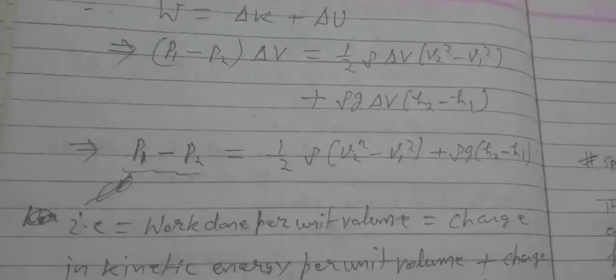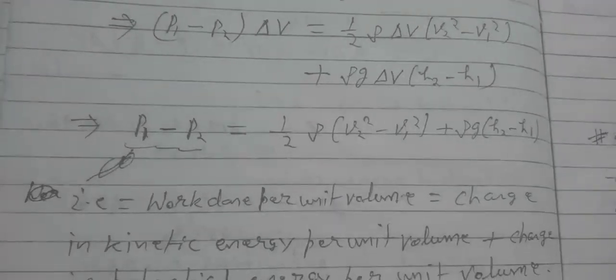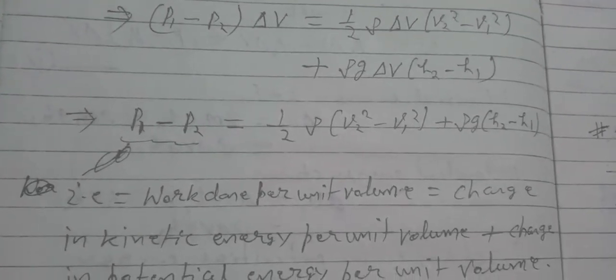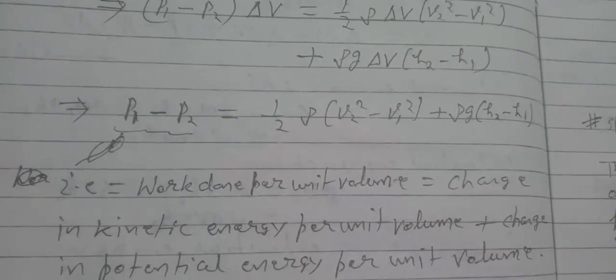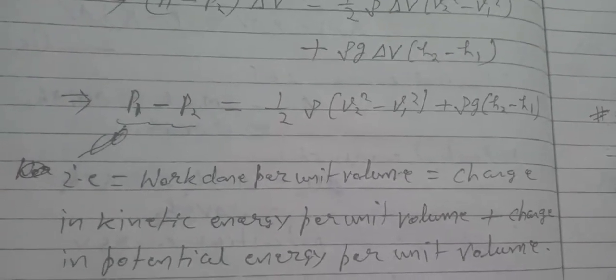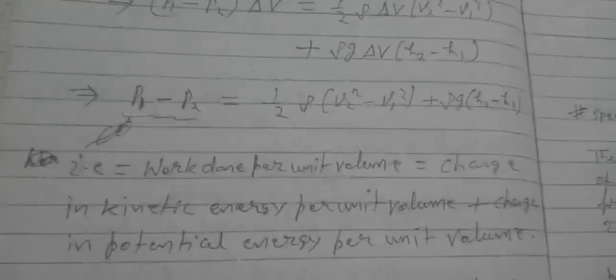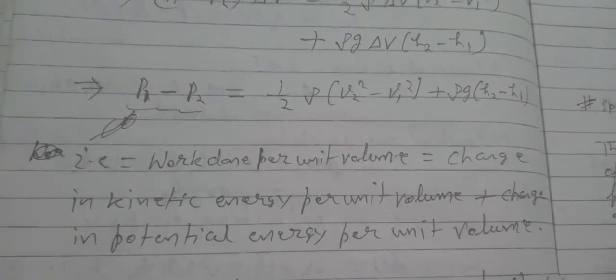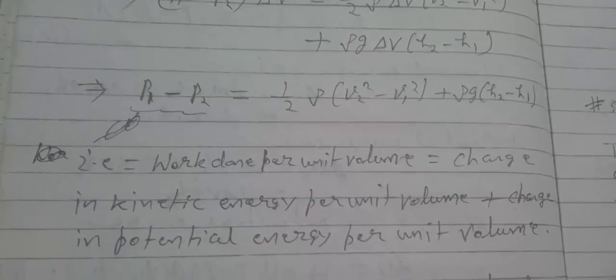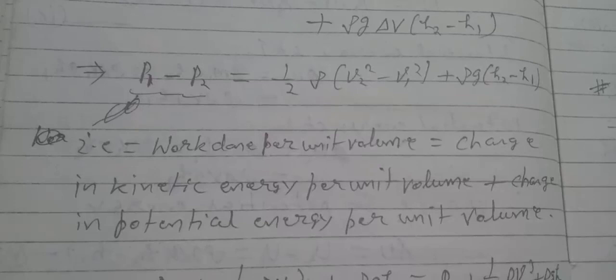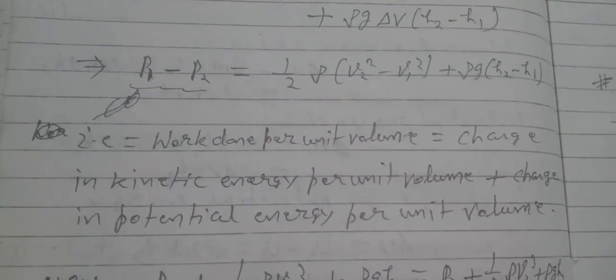This implies P1 minus P2 equals 1/2 rho (V2 squared minus V1 squared) plus rho g (h2 minus h1). That is, work done per unit volume equals change in kinetic energy per unit volume plus change in potential energy per unit volume.